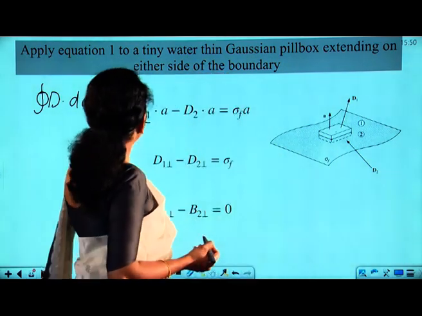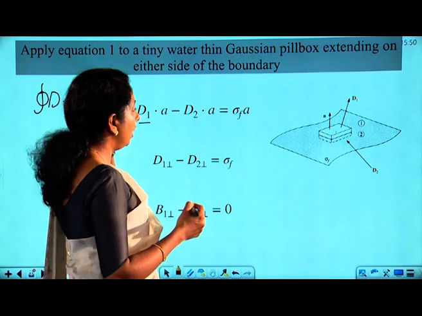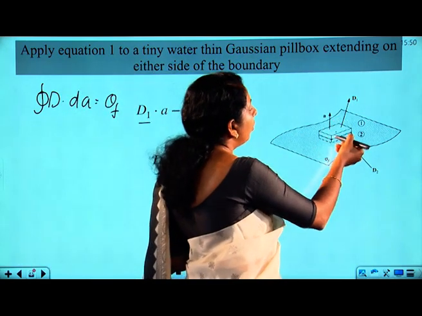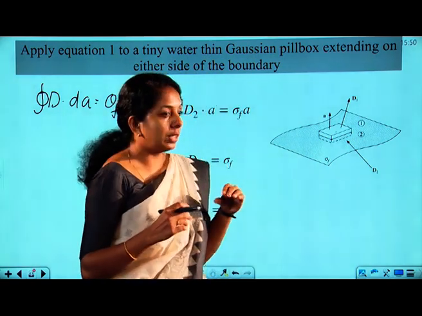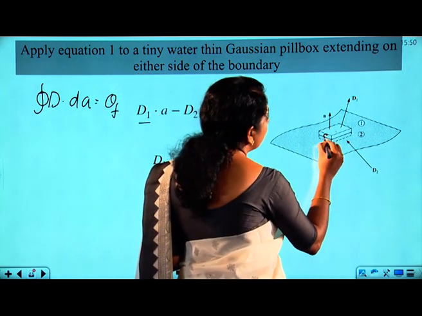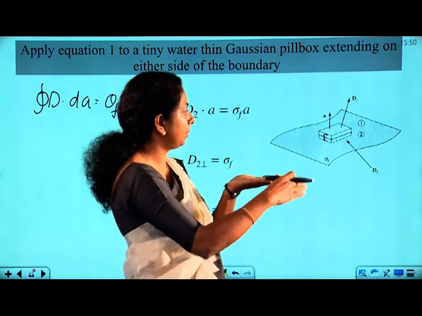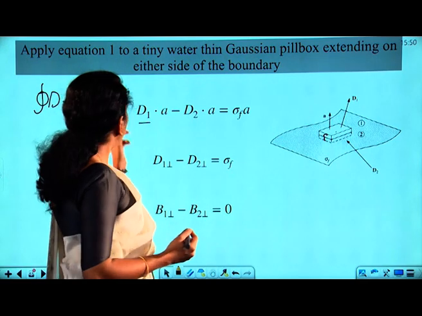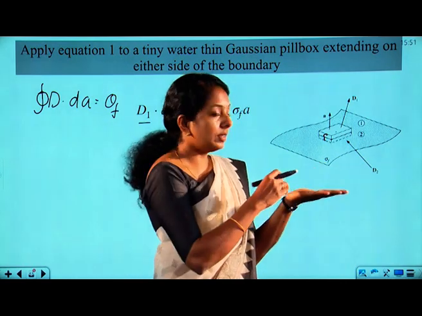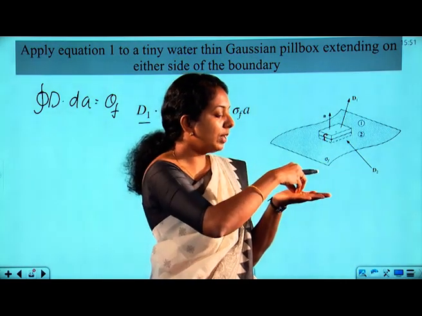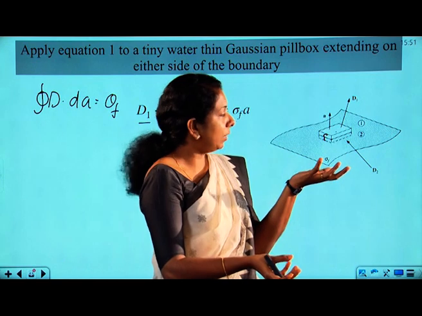Now, we have to apply this Gauss's law over the entire closed surface. You have to integrate over the entire area, that means the top area, bottom area and the side areas also. But here we have taken a Gaussian pillbox in such a way that the width of the pillbox goes to 0. That means the Gaussian pillbox is just grazing over the surface. So, we can take the contributions of D dot dA. Here this sheet is having surface charge density sigma. This is positive. That is the reason why the field is always pointing outward, whether upward or downward, it is always pointing away from the surface.